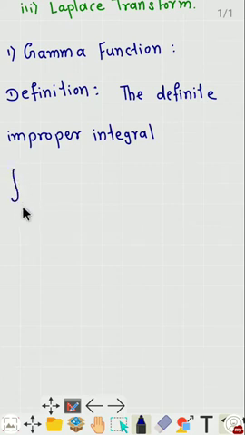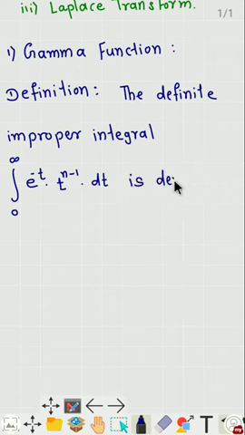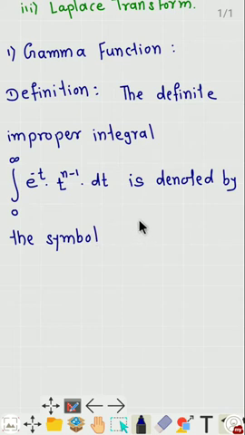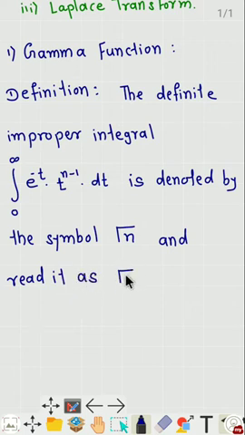integration over 0 to infinity e raised to the power minus t into t raised to the power n minus 1 dt is denoted by the symbol gamma n, and we read this symbol as gamma n.